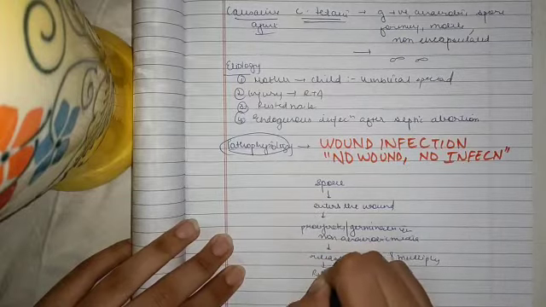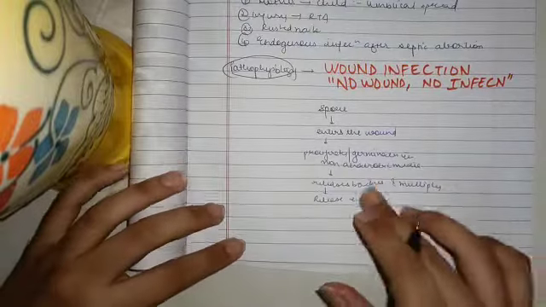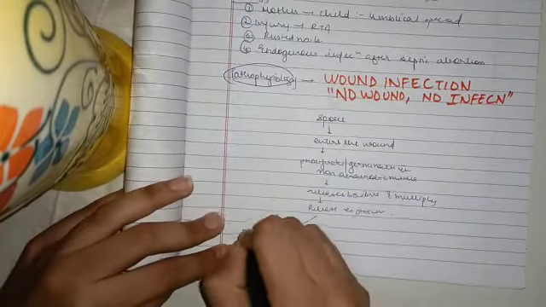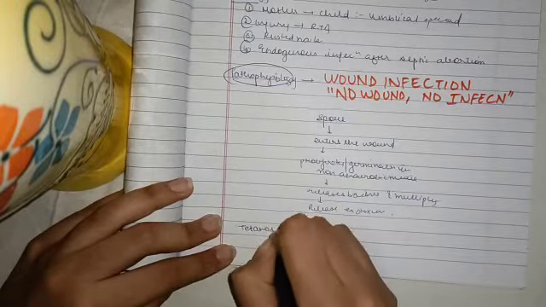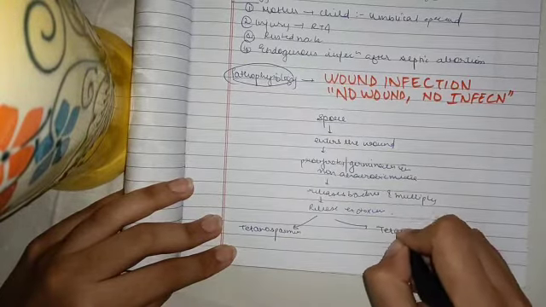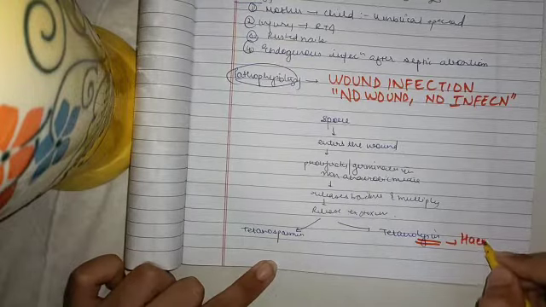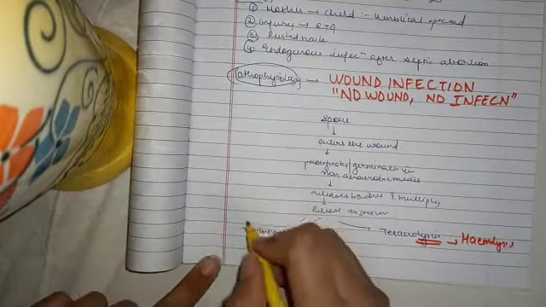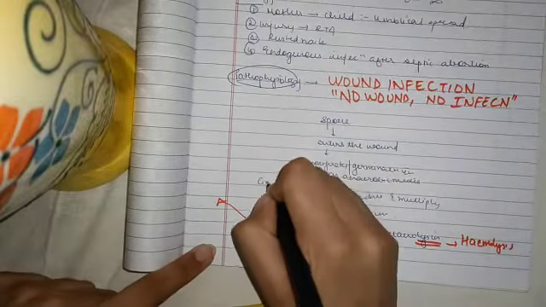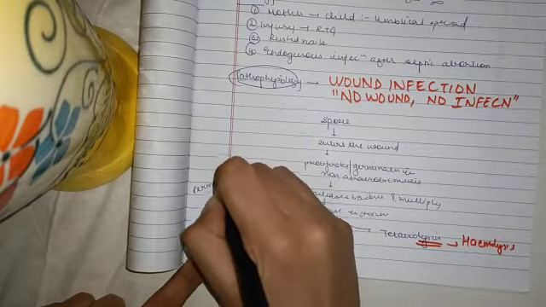Now they release exotoxins. Now here is the very important part. When these exotoxins are released, they are tetanospasmin and tetanolysin. Now this tetanolysin will help in hemolysis. Now this has two routes. One is that it will go into the circulation, and another one is that it will go through the perineural sheath.